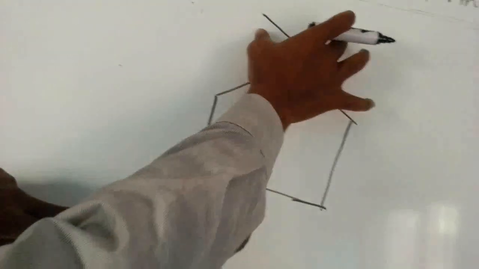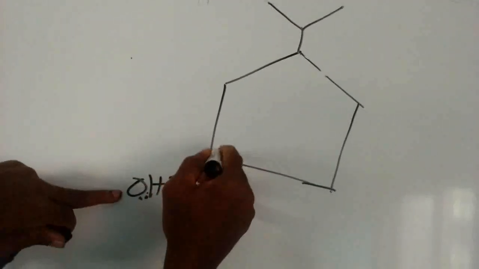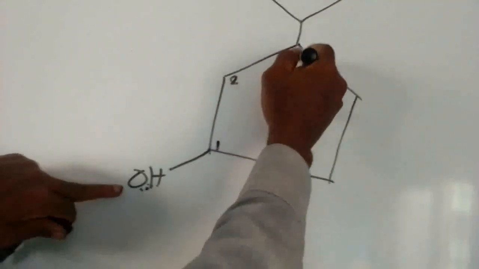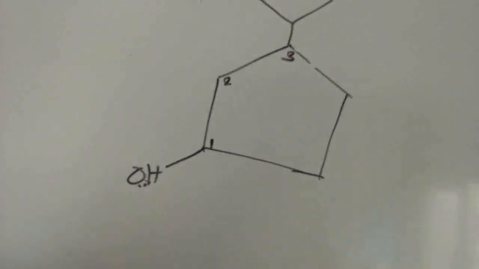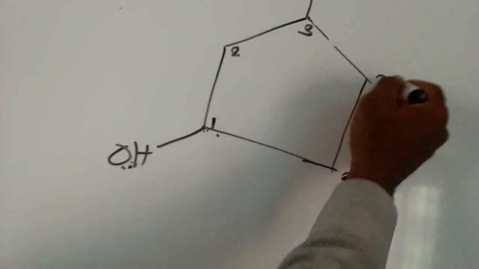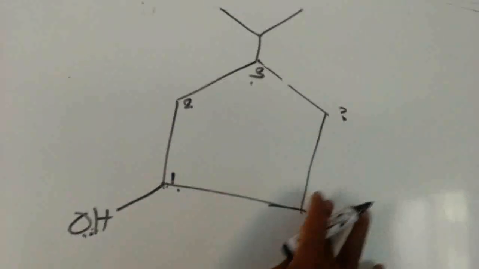This is also a substituent group. So we number from this carbon atom here. Number 1, we check around, number 2, number 3. If we move like this, 1, 2, 3, 4, this end gives us a higher numbering. So we prefer the lower numbering, like this side.